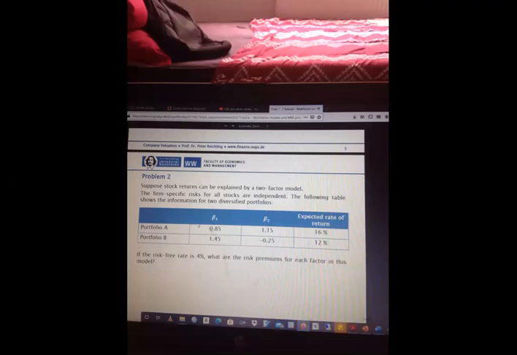Great. So first of all, let's write the formula. For portfolio A, R of A equals R of F plus beta 1 times factor 1 plus beta 2 times factor 2.